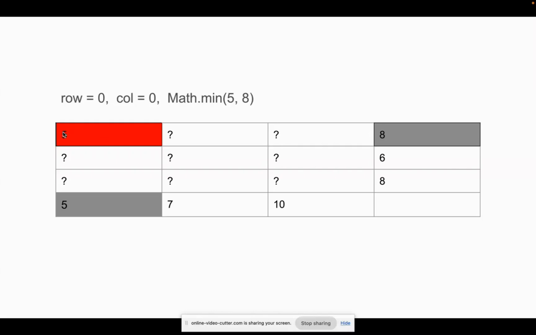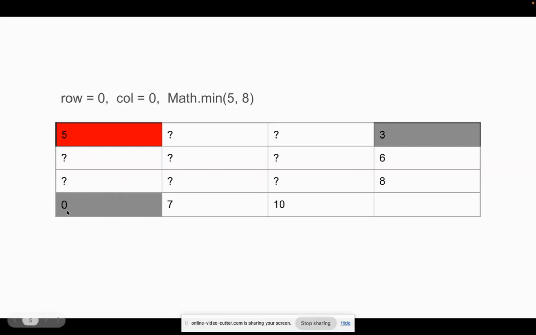And then, because we filled with 5, the row sum and the column sum need to be subtracted by 5, right? Because we already used the 5 for both sums. So 5 minus 5, 5 minus 5, and 8 minus 5.